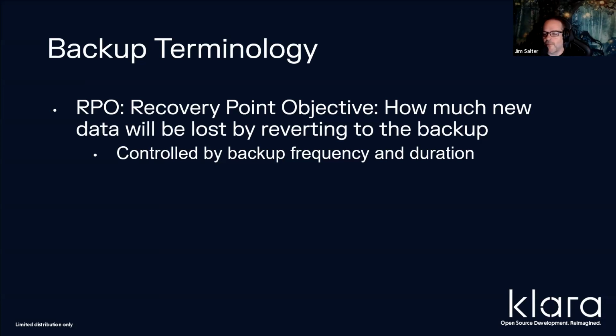This is a really great way to talk to business folks, by the way. Your RPO is how much new data will be lost by reverting to the backup. This is controlled by your backup frequency and duration. This is probably the simplest thing and the first thing most people think about in terms of backup schemes. If I have to go back to backup, how much data will I have lost because of how much time it's been since the last time that I backed up?